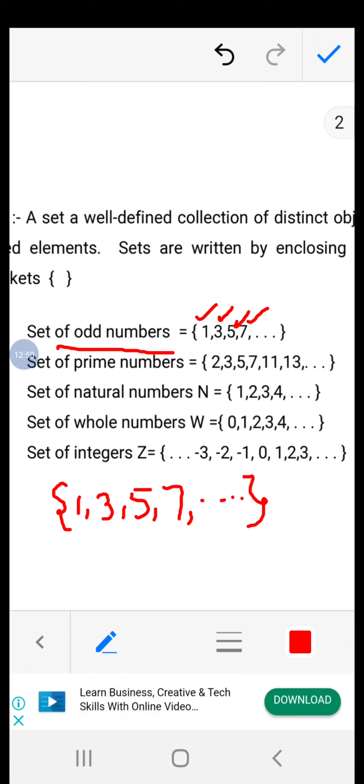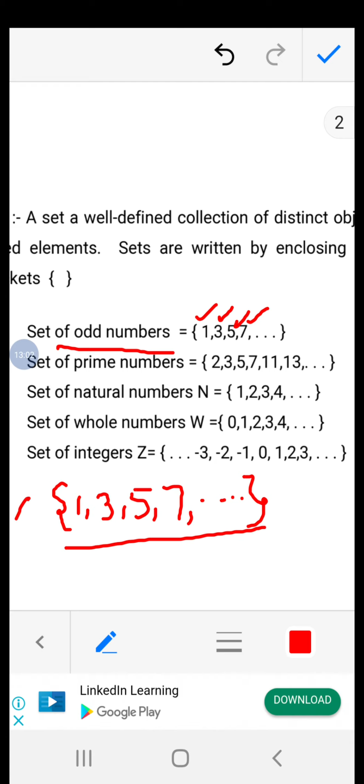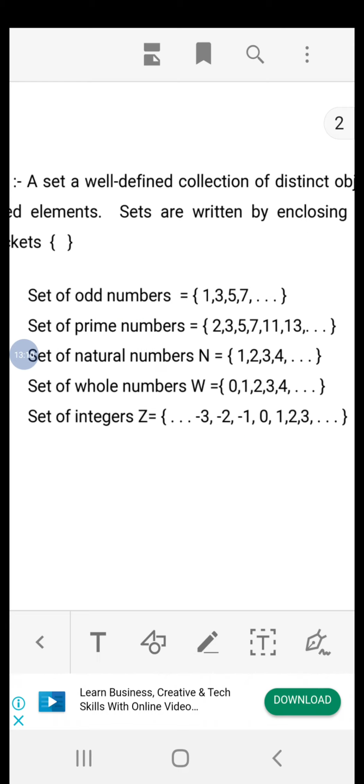When we are writing elements, we put commas between them. So this is called set notation. Whenever you represent a set, it is better to use a capital letter. That is the procedure, right? Now let us come to the next one.